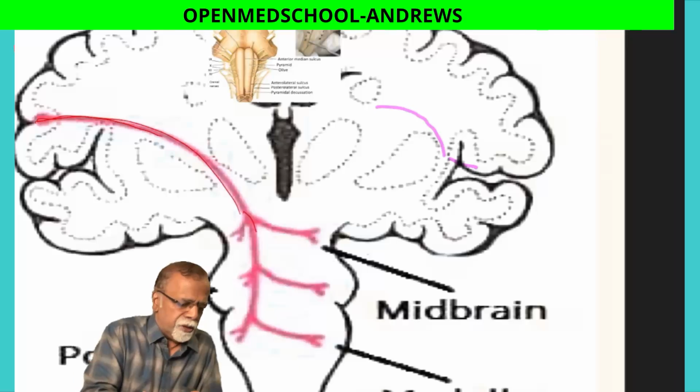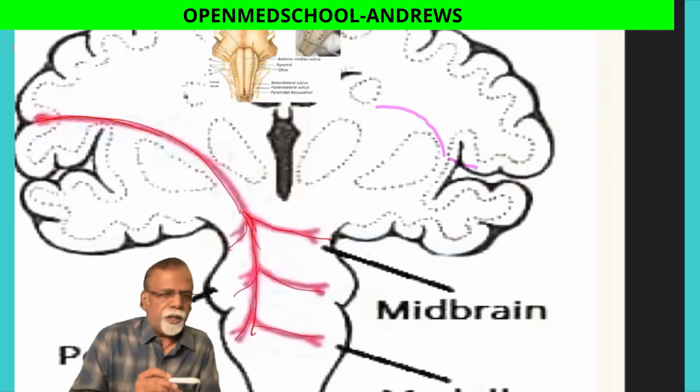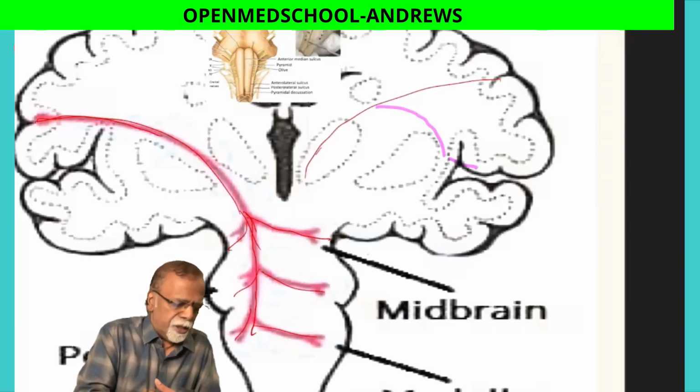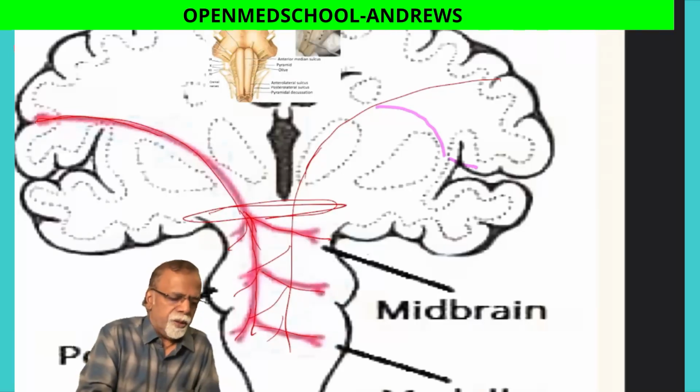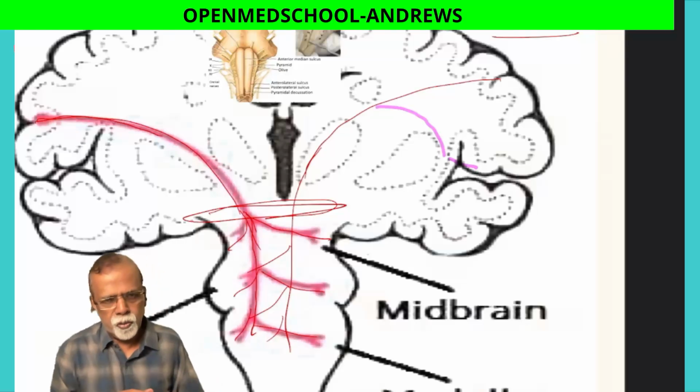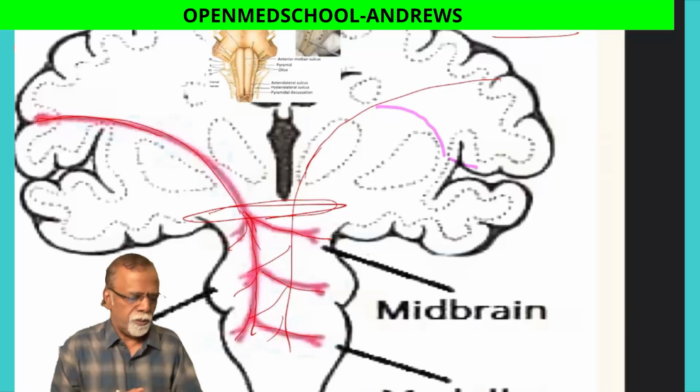It passes through the internal capsule, goes down the brainstem, and innervates bilaterally most of the cranial nuclei. Suppose it is affected bilaterally. What will happen? This will produce an upper motor neuron type of weakness of the cranial nerves. That is the pseudobulbar palsy. That is bulbar muscle weakness due to an upper motor neuron problem.